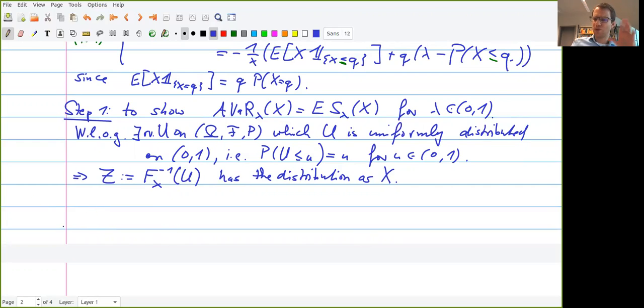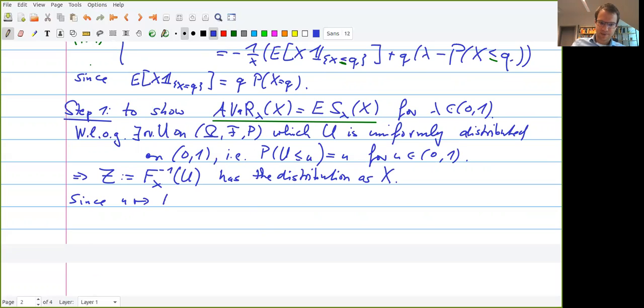So this is more an auxiliary object in order to understand the calculation. We want to show this here, that's our goal. And for this, again, we need to get our head around these inverse functions.